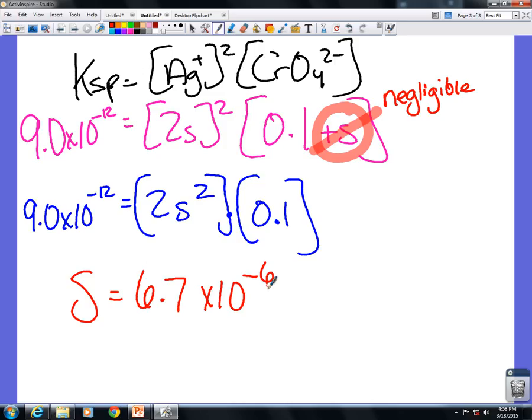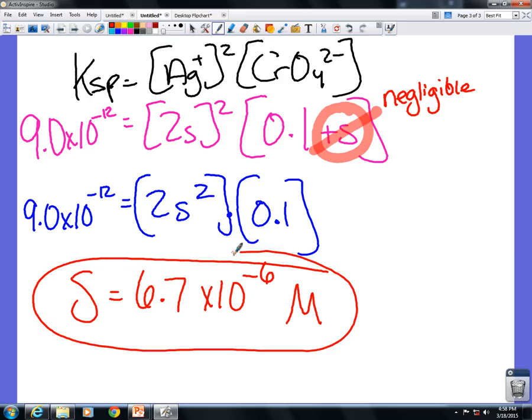Now, we just solved for S, right? So what is S's units? Molar. So why was this one different? Common ion.